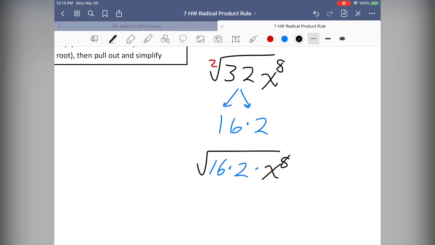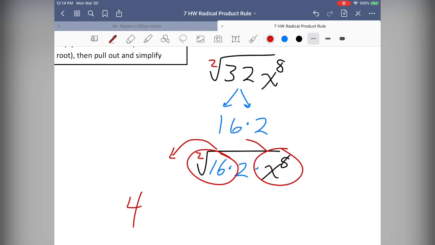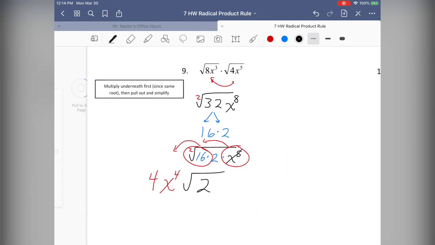Now, the 16 is the one that's going to come out. You take its square root when it comes out, so you get 4. Now, this x to the 8, we didn't do anything with that because that whole thing divides evenly. And, of course, you divide when you have a variable, so that's going to leave us with an exponent of 4. The only thing that's left behind is the 2. So we have 4x to the fourth root 2.